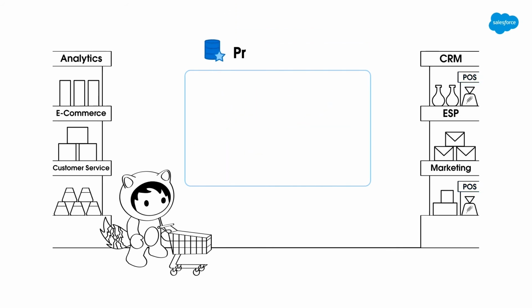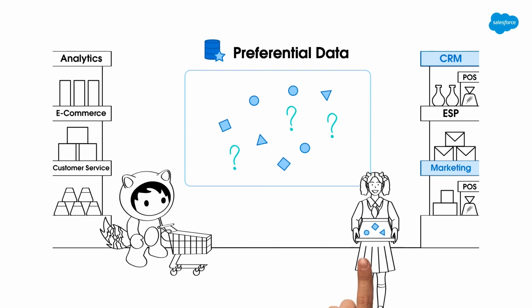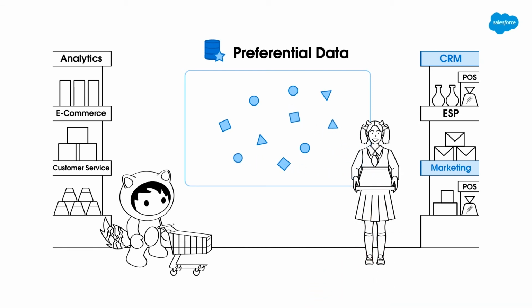Next up is preferential data. This data can be found in a few different areas of the supermarket. It's sometimes in the CRM aisle, sometimes it's near the profile center section, but it can also be found in the marketing aisle. It's also possible that if you can't find this at your local, then a third-party provider may be able to help you buy this ingredient.